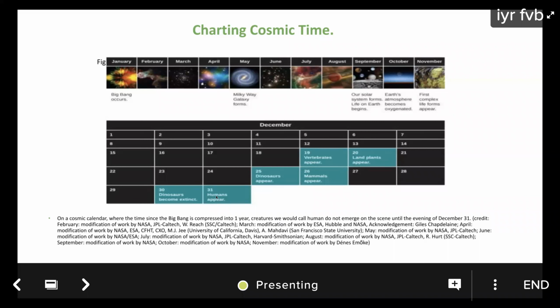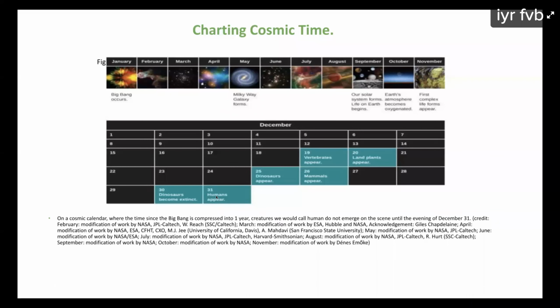So what I am trying to tell you is that, if you compare the whole cosmic scale or time, humans have lived in the universe for a very short period of time, right? It's just December 31st, if you look at the whole time period.